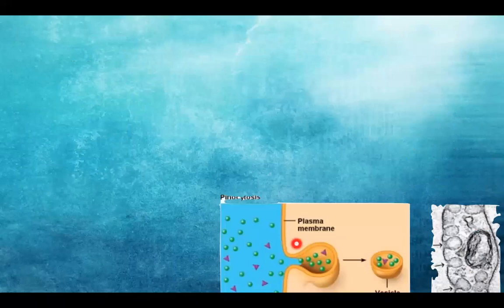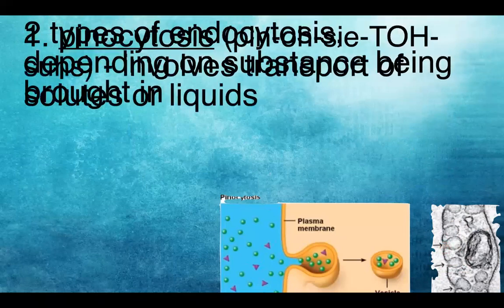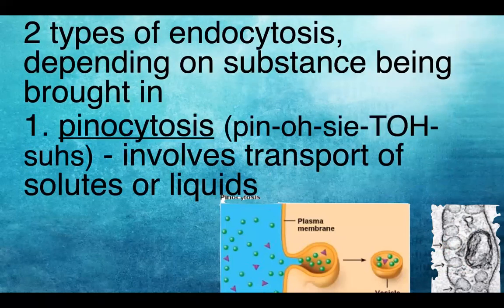So here we go. This is a diagram of a process called pinocytosis. And this is an actual photograph. So I thought that was pretty cool to add. So under the microscope, you see these pockets being formed. And that's because the cell is in the process of ingesting solutes or liquids. So there's two types of endocytosis depending on what you're bringing in.